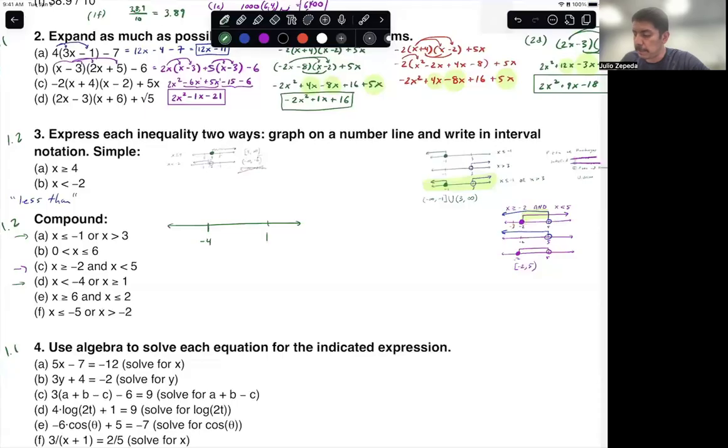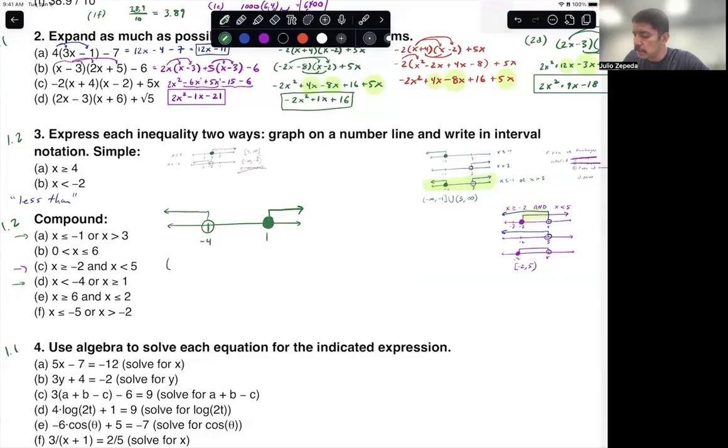Remember that the OR statement means that the solutions have to satisfy at least one of the inequalities. So x is less than -4 is drawn with an open circle and shaded to the left, or x is greater than or equal to +1, which gives us a closed circle and shading to the right. And so this is our graph.